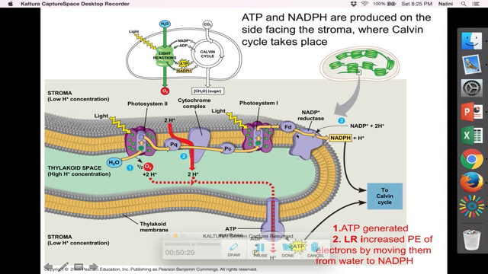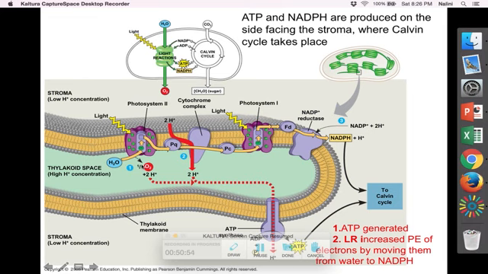But guess what? NADP plus reductase enzyme molecule, which is more greedy for electrons, will take away the electrons from ferredoxin, and it will give those electrons to NADP plus. It will add a hydrogen ion to it, not atom, and then it will make NADPH.